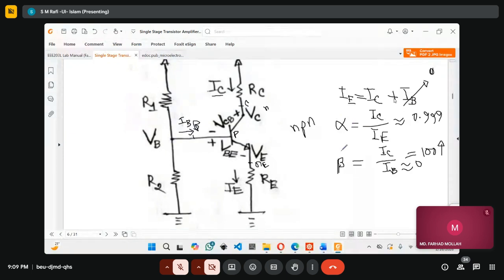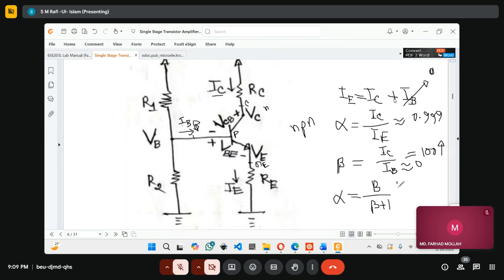There is a direct relation between alpha and beta. Alpha equals beta divided by beta plus 1. If you know one parameter of this transistor, alpha or beta, the current gain or open circuit gain, then you can calculate the other.